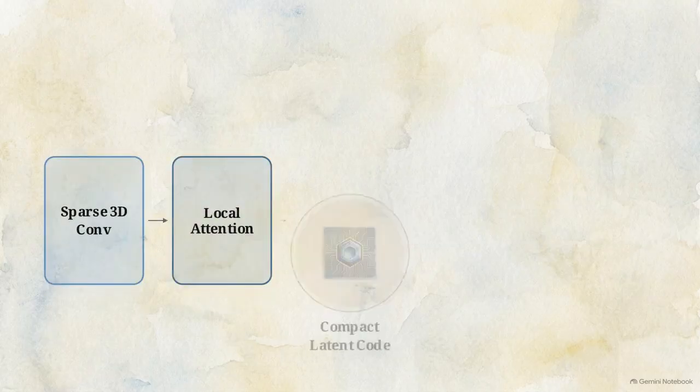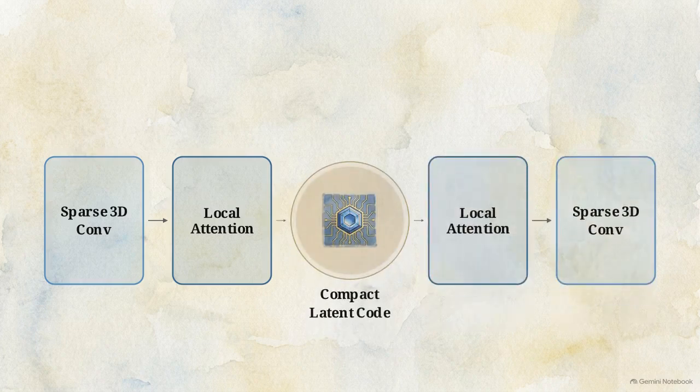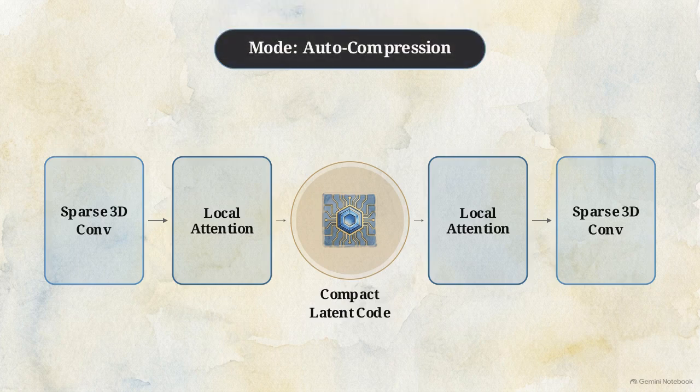To prove these tokens are viable for generative AI, researchers implemented a custom sparse variational autoencoder, or VAE, designed specifically to compress faithful contour tokens. The critical feature of this VAE is its dual-mode input capacity. In auto-compression mode, the network encodes structured FCT tensors into compact latent codes, then decodes them back with near-lossless fidelity.